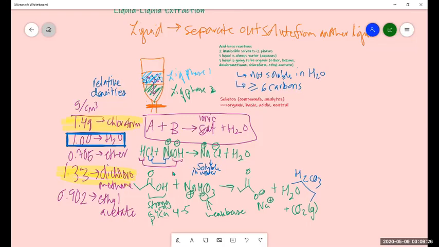And so, once again, with the solutes we're separating out, let me keep typing. The solutes, or compounds, whatever analytes you're separating out, are organic.